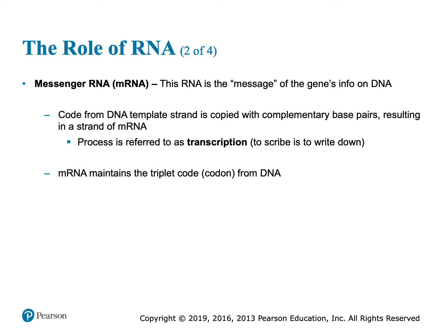When he writes stuff down, that's called transcription. So maybe you've heard of a scribe, somebody that writes down medical records. A scribe is writing. mRNA is writing what DNA has to say. And he is going to take that information and bring it to the cytoplasm.